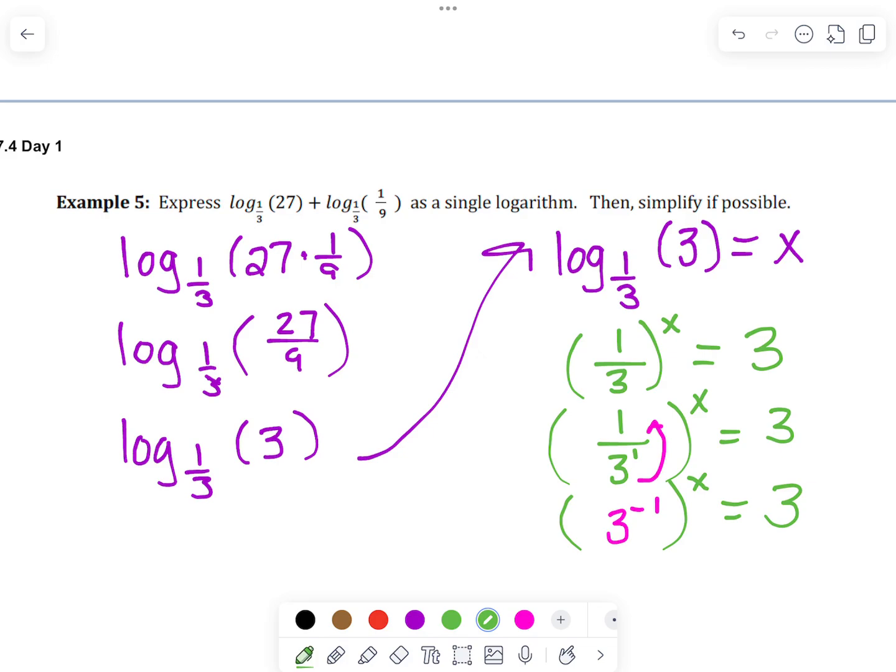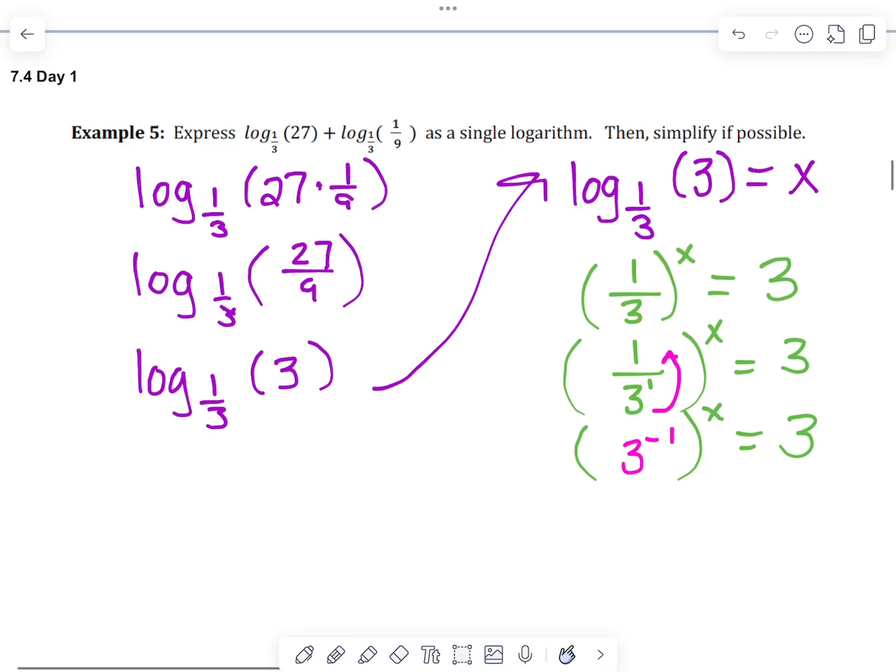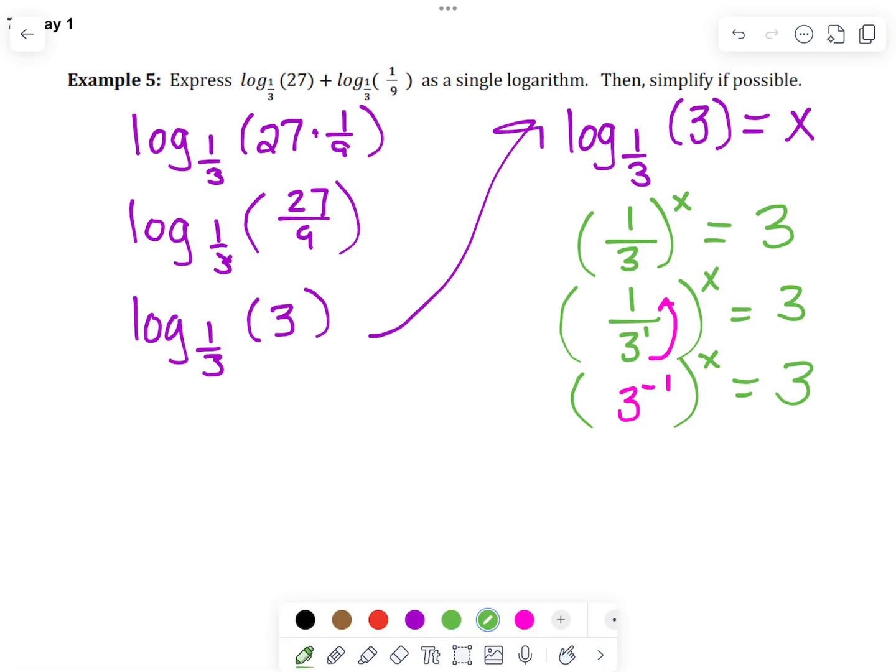So in the pink, I use my negative exponent rule. Now I have a power to a power. So those two multiply to each other, so that's negative 1x equals 3 raised to the 1st.